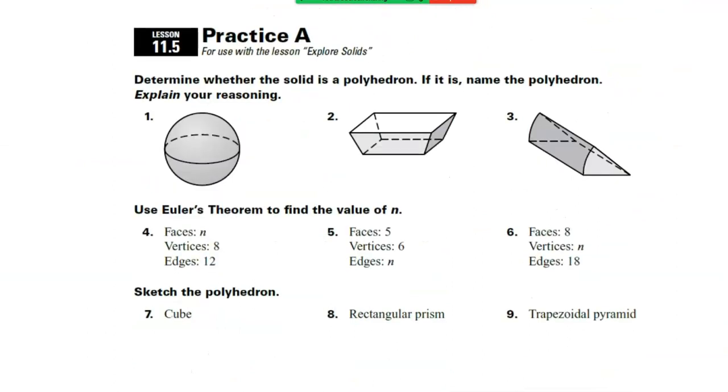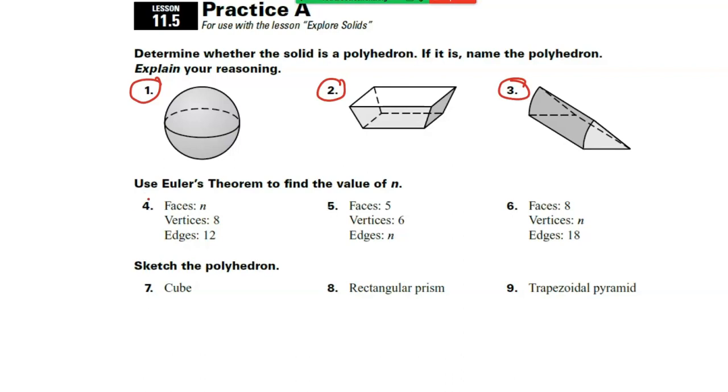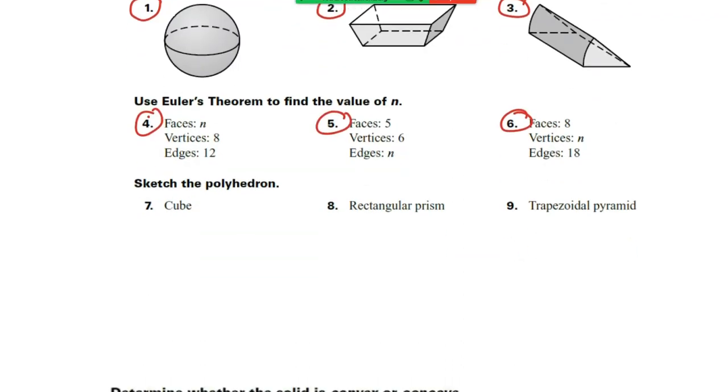Let me give you some homework hints. You can do 1, 2, and 3, and you can do these as well, 4, 5, and 6. You can try these. So remember, the difference is prism and pyramid.